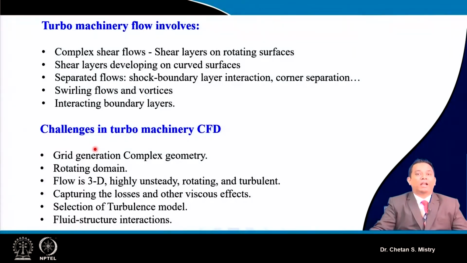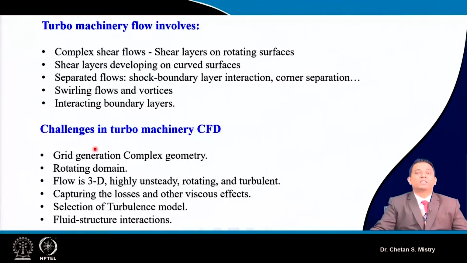And along with that, my blade is a rotating blade. So you have rotating flow along with flow over an aerofoil kind of configuration. That is the reason the challenge increases. After that, we need to realize the fluid structure interaction, which gives us the aerodynamic loading on the blade, and that comes in the sense of aeroelasticity.